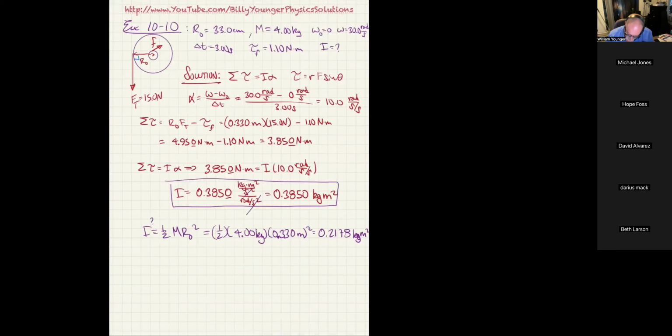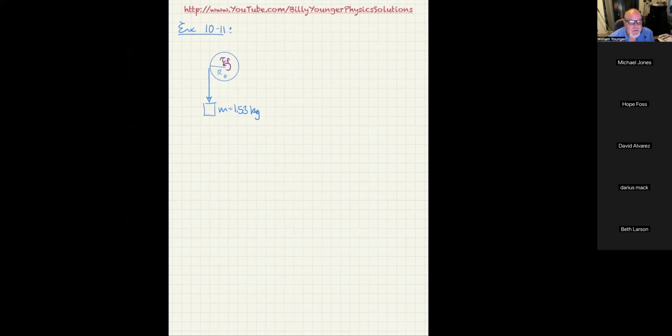And we are going to use the moment of inertia that we found in the previous problem, which is 0.385, if I remember correctly. 0.385. Yes. So I is equal to 0.385 kilograms meters squared.